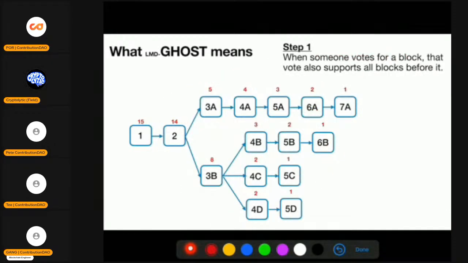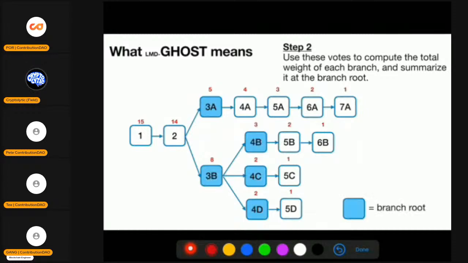Now for step 2, what you have to do is consider only the branch roots. And the branch root just means that you have to label the branches or the forks. So you have 2 forks here.